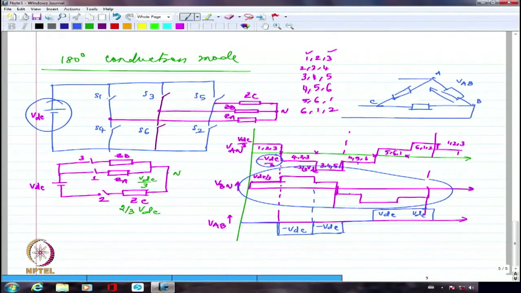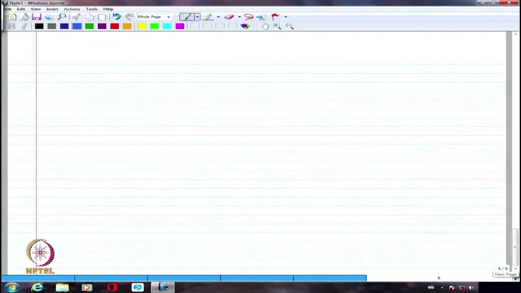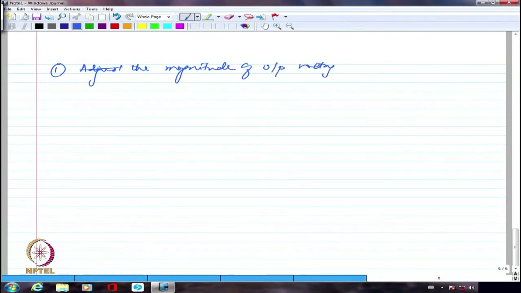So for these two purposes, one is to adjust the magnitude of output voltage, because input is also fixed. I have a stiff voltage source, which means my input is fixed.